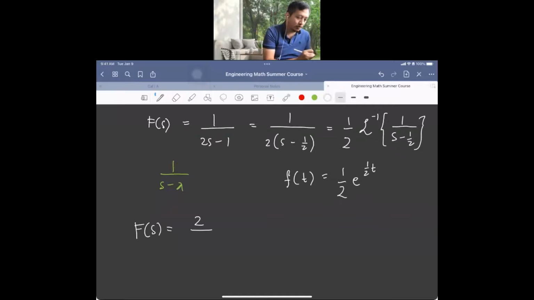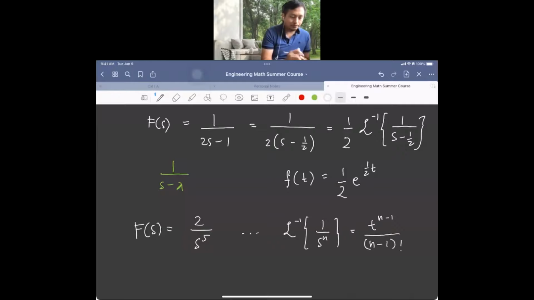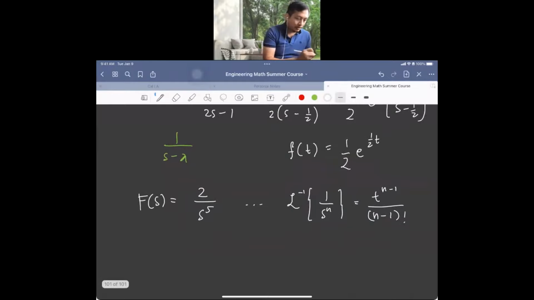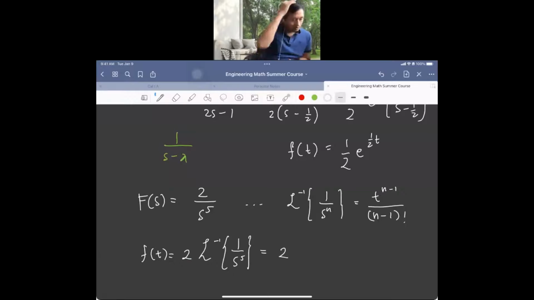You have 2 over s to the power of 5. Remember that the inverse of 1 over s to the n is t to the n minus 1 over n minus 1 factorial. So f of t will be 2 multiplied by the Laplace inverse of 1 over s to the power of 5.